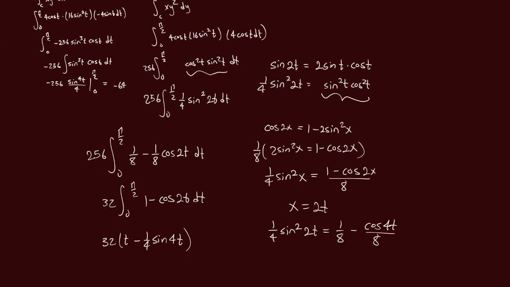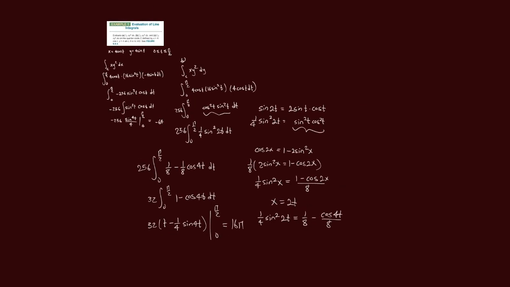Sorry, that was my mistake. So this should be just 4t. And I think I did the integral correctly. I think it should be like that. Yep. Okay, and that'll be pi over 2, 0. And that gives you 16 pi.